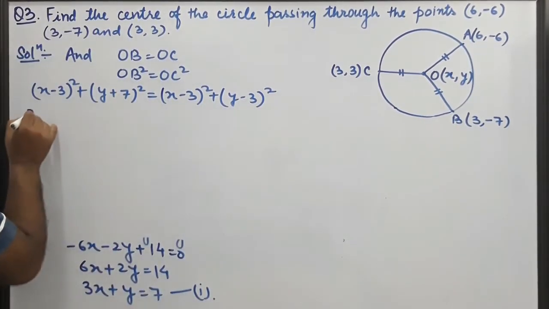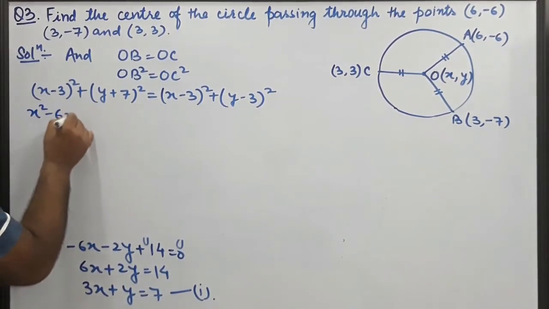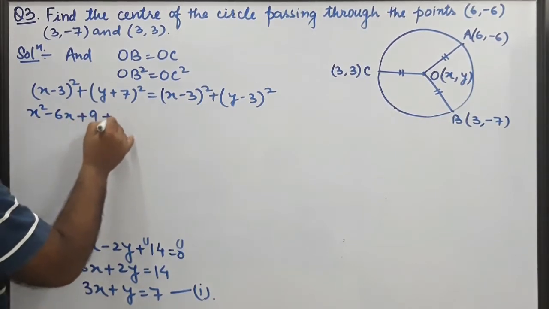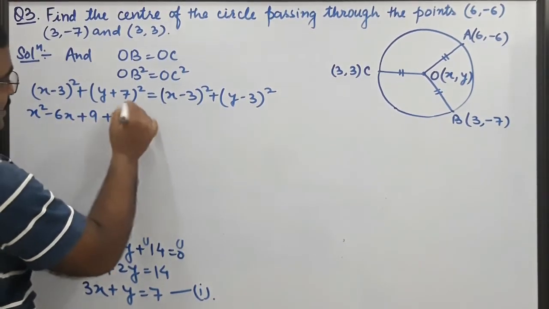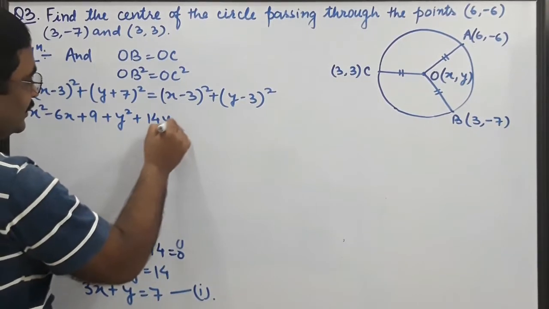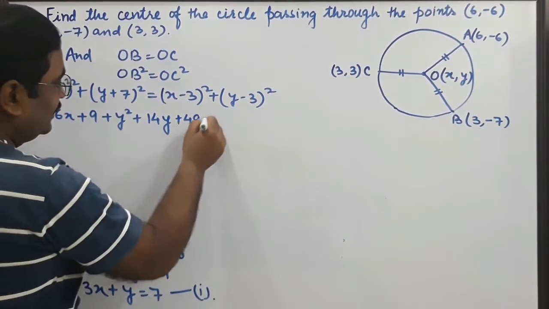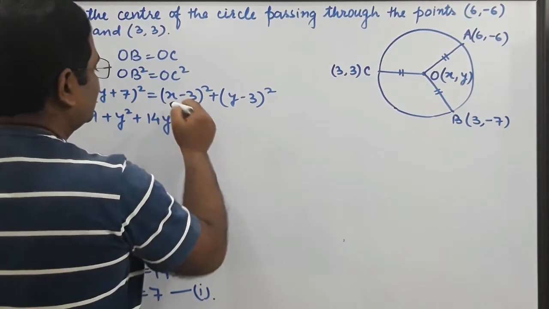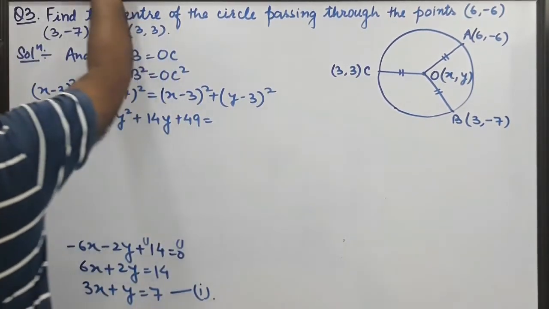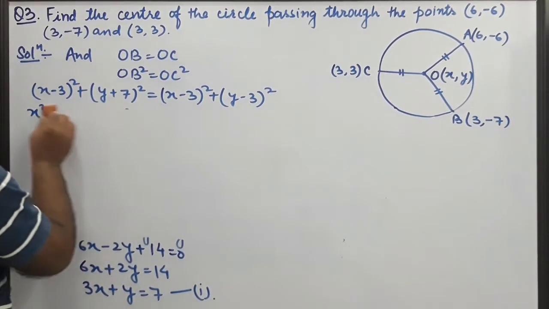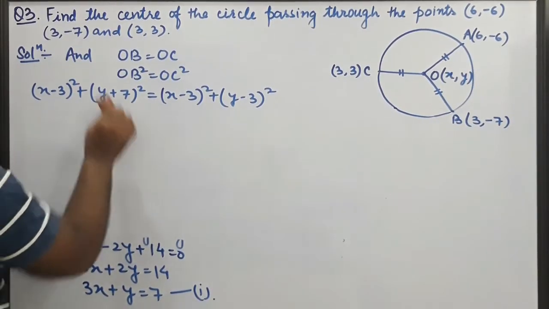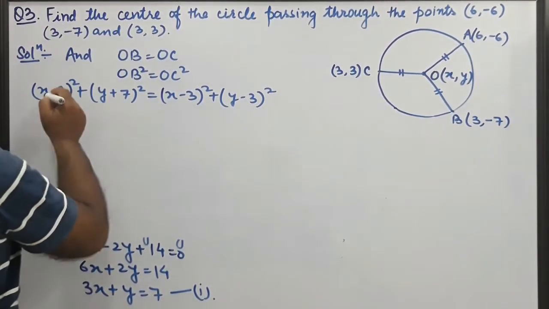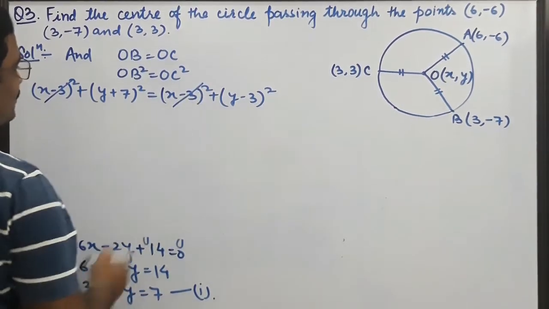You will get x square minus 6x plus 9, y square plus 14y plus 49 equals, and this can be cancelled. You see here, on both sides this (x minus 3) whole square is the same, so it is cancelled.